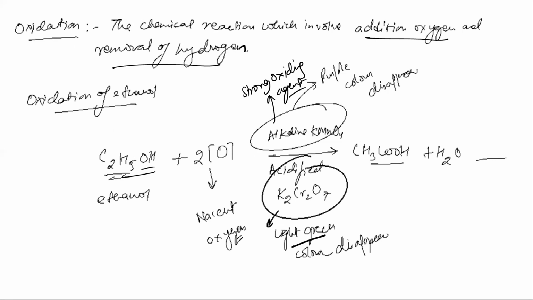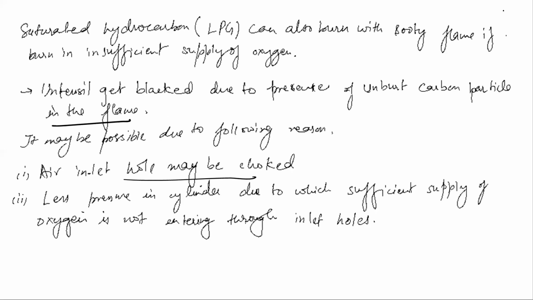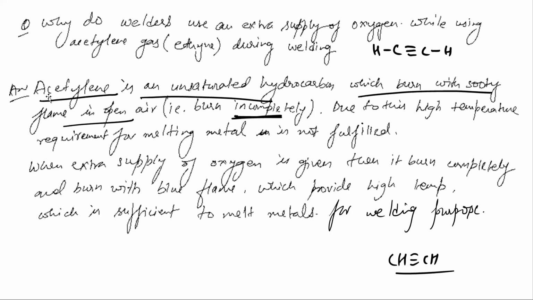one more question comes from this topic: acetylene gas. Acetylene gas is a gas which is ethyne, and welders use it. Ethyne is a common name for acetylene gas. Ethyne means 'eth' is two carbon. Ethyne is an unsaturated hydrocarbon.